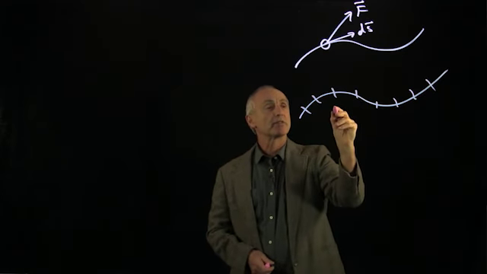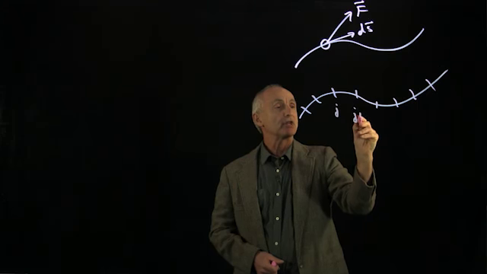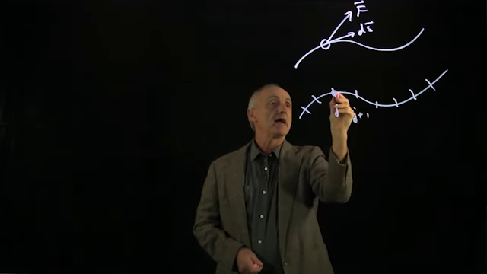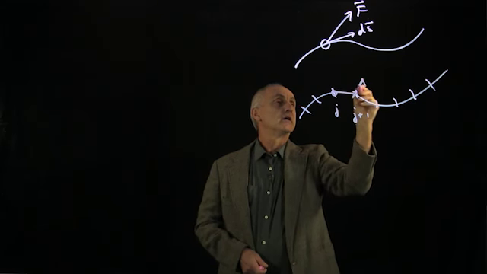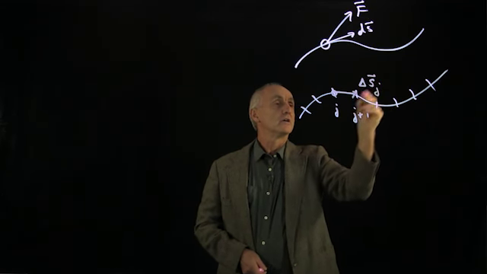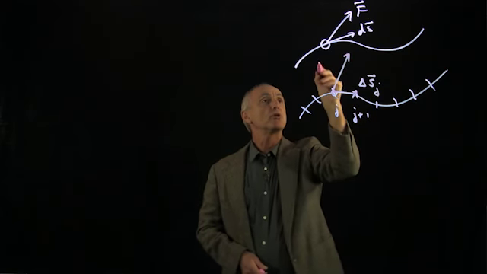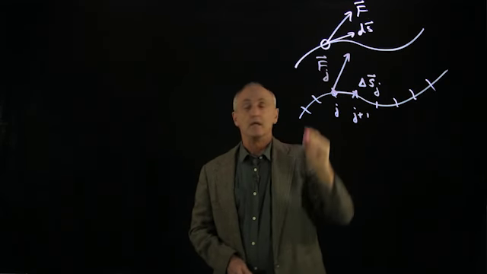And let's call this the jth point and the jth plus 1 point. Then our particle will start at j and we'll displace it delta sj to the jth plus 1 position on the path. And here, let's denote the force by fj.